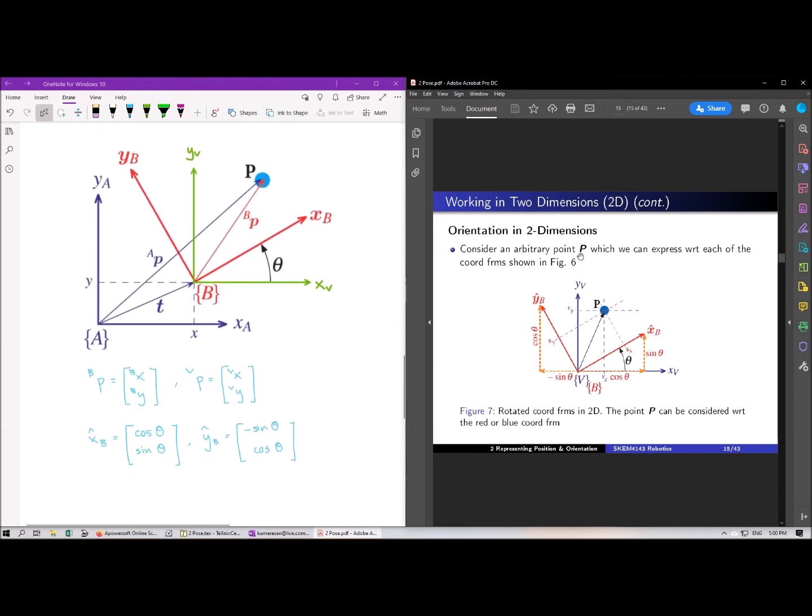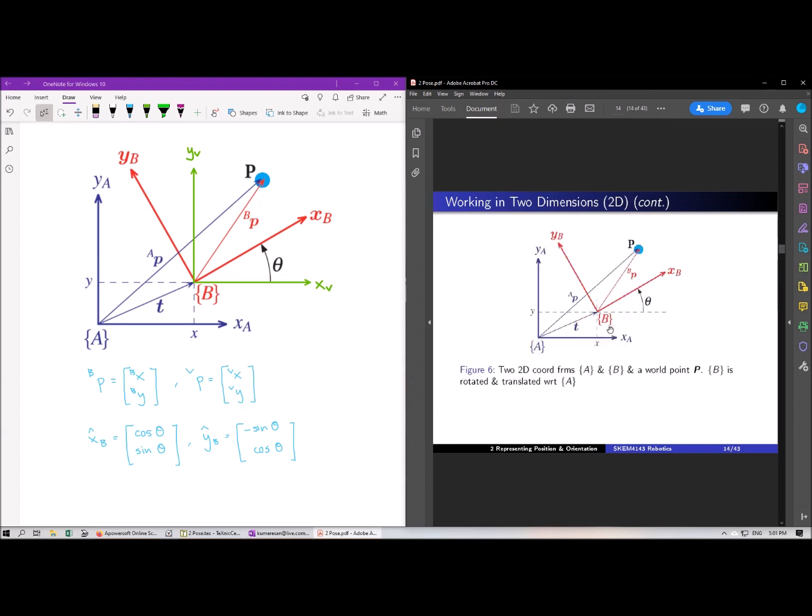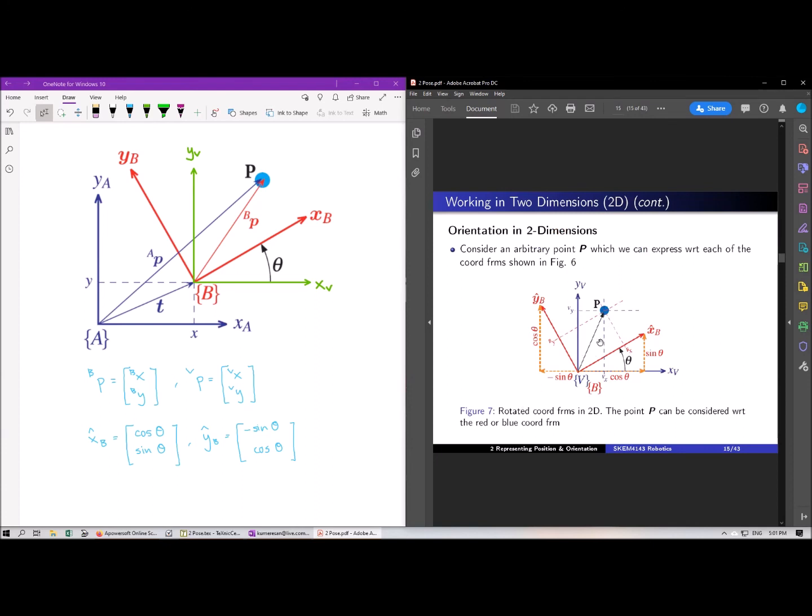So consider an arbitrary point P which we can express with respect to each of the coordinate frames shown in figure 6.